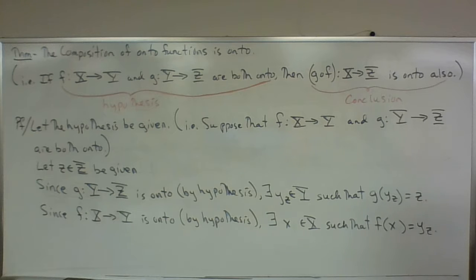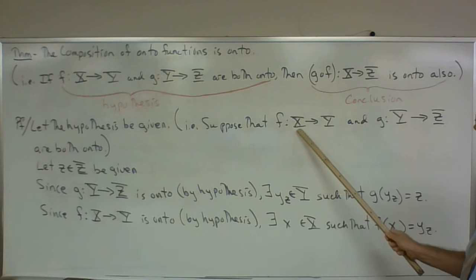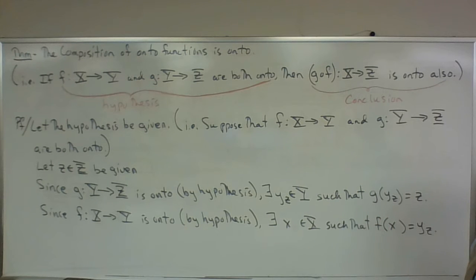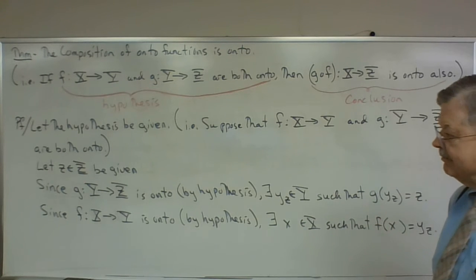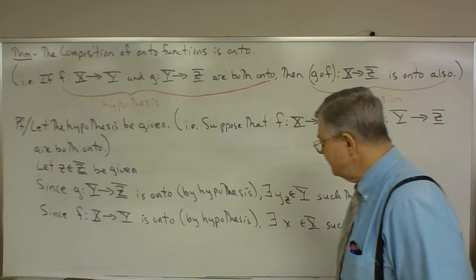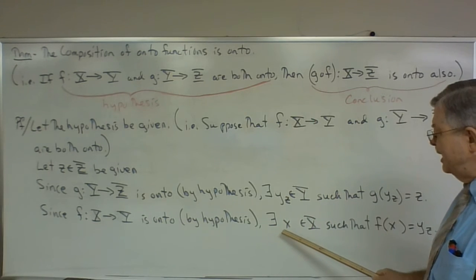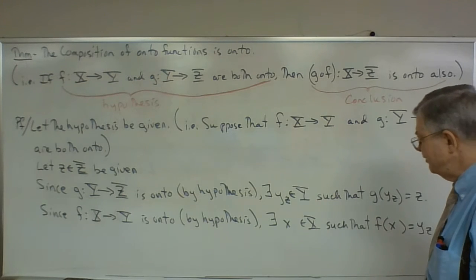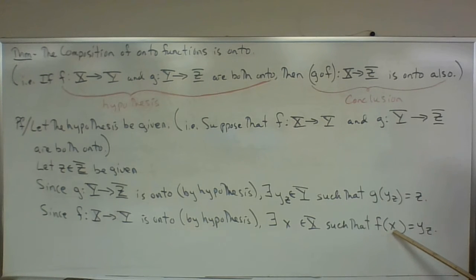Now we're going to use the other part of our hypothesis, namely that f from X to Y is onto. And since f from X to Y is onto, there exists an element x in set X such that f of x equals y sub z.